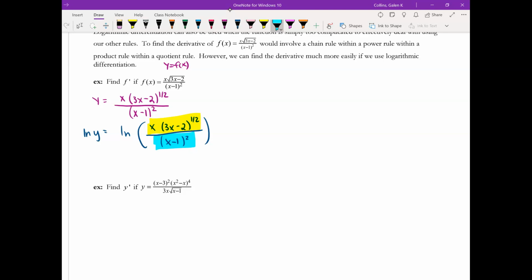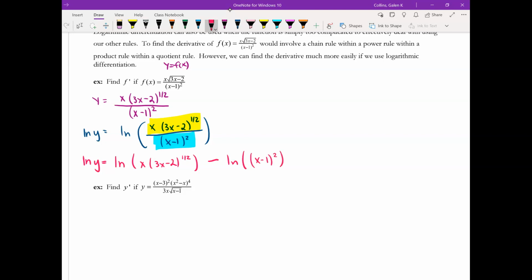So that first log, well, it's the third log property, but the first one we're going to apply is that when my argument is a quotient, I could rewrite it as the difference of two logs of the same base. So we're using the natural base e, so the natural log of y equals the natural log of the numerator, x times 3x minus 2 to the 1/2 power, minus the natural log of the denominator, which is x minus 1 squared.